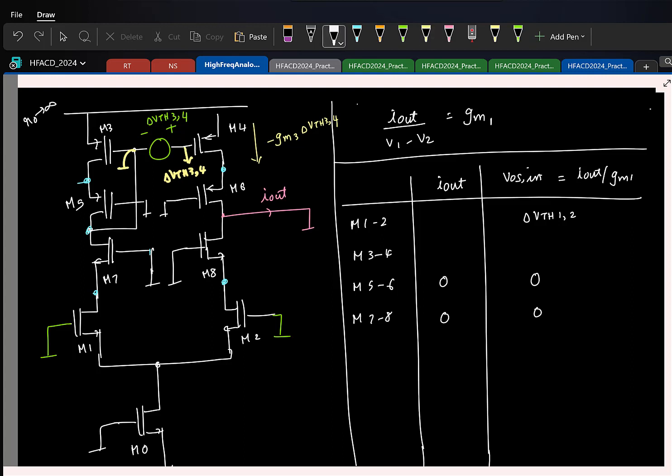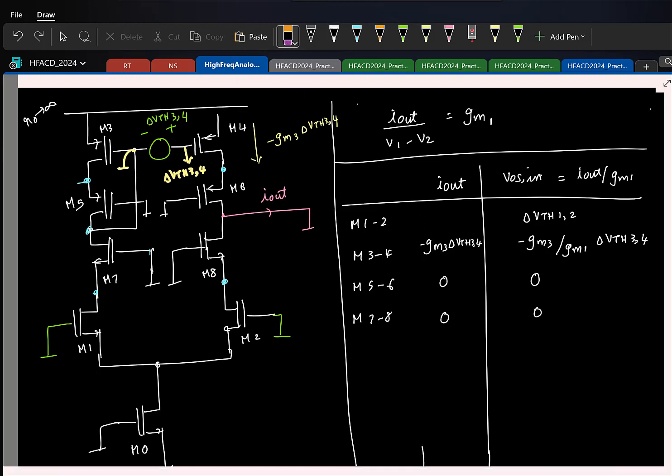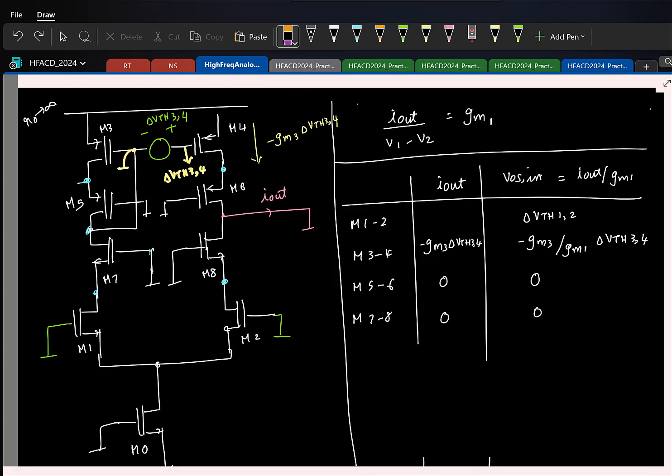So this will be minus GM3 delta VTH34. So the output will be GM3 by GM1. So once again you can write the mean squared value. That will be the same as what we computed for the 5 transistor case. And that's all. So let me write it and finish it.